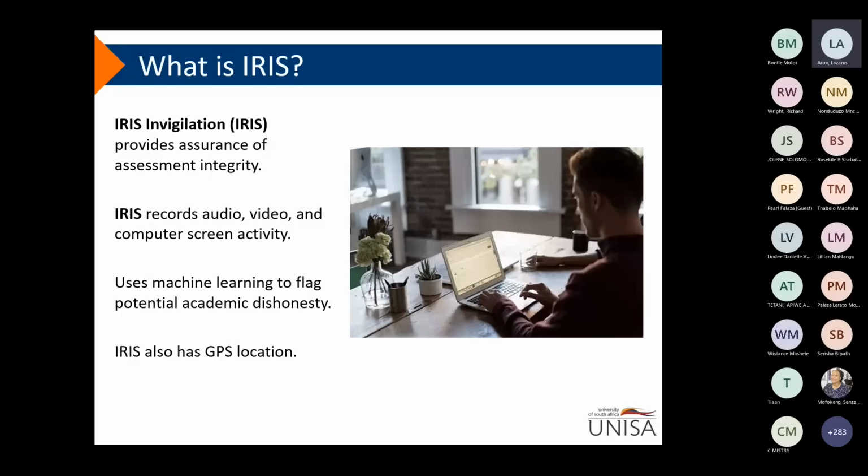Being flagged doesn't mean that you've automatically been flagged for cheating. There's a person that actually will look at your recording. The decision will be made by a person, not by the IRIS machine learning or AI tools. IRIS also has GPS location, so we can determine whether you were sitting in the same location as other students.